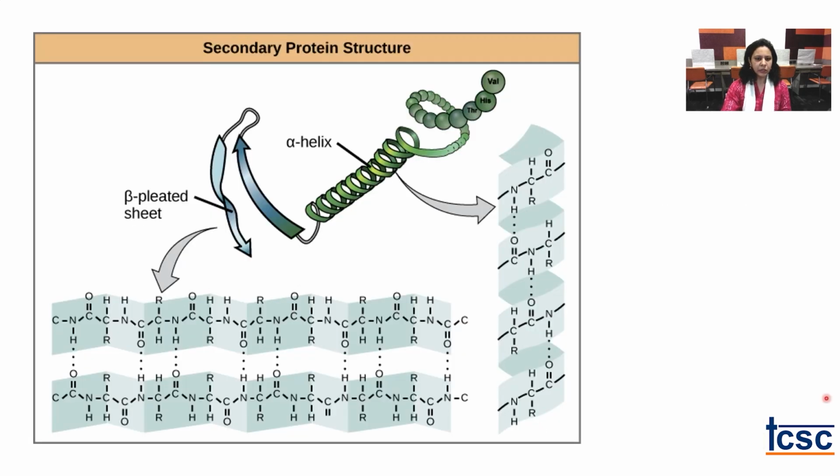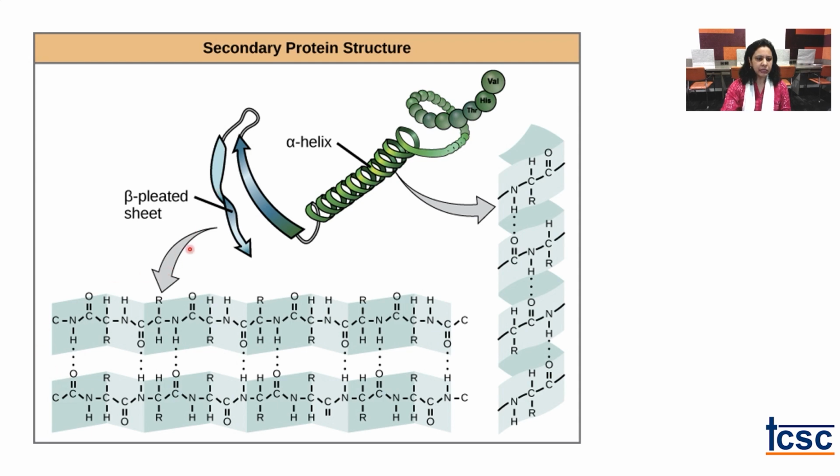Here we can see a comparison of both the secondary structures of proteins. We have the alpha helix, which is usually represented like a helical structure, and we have the beta pleated sheet. The beta pleated sheet basically gives us the orientation. An arrow in this direction basically means the direction of the beta pleated sheet, and these two are in anti-parallel orientations.